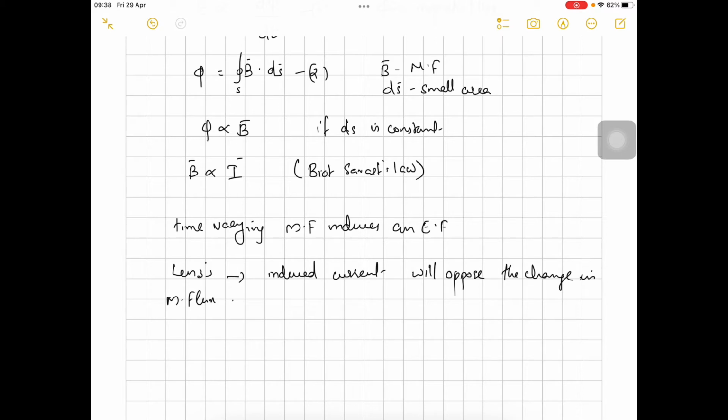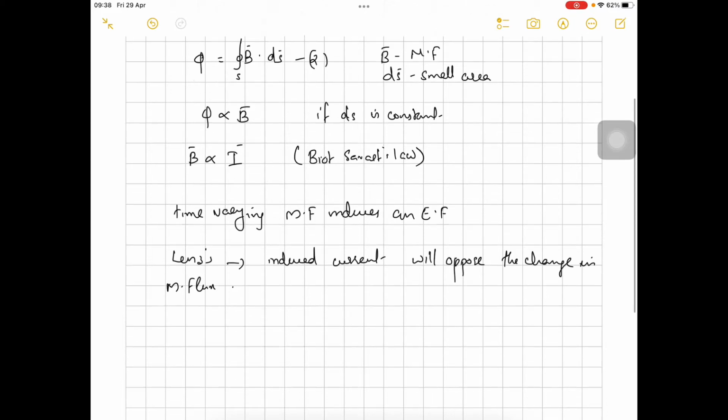So if you want to maintain a constant current through that circuit, some external agency has to do some work on that system.